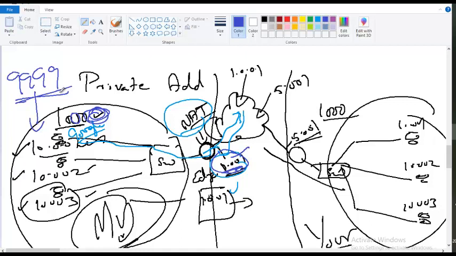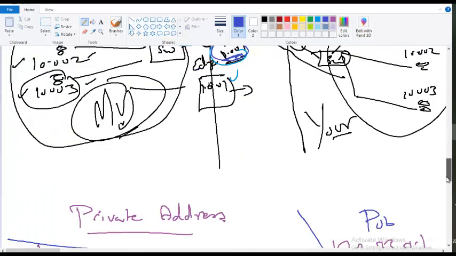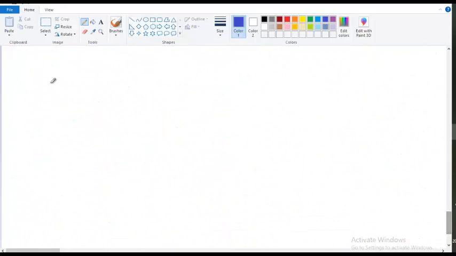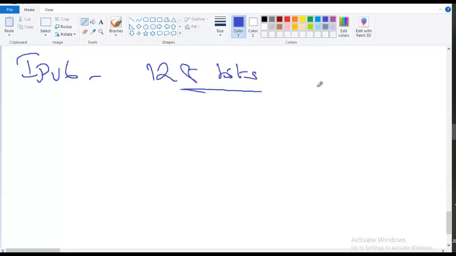But even though we have all this, we have already finished using all 32-bit IP addresses. That is why we have moved to another version of IP address called IP version 6. IP version 6 is not just 32, it's 128 bits in size.